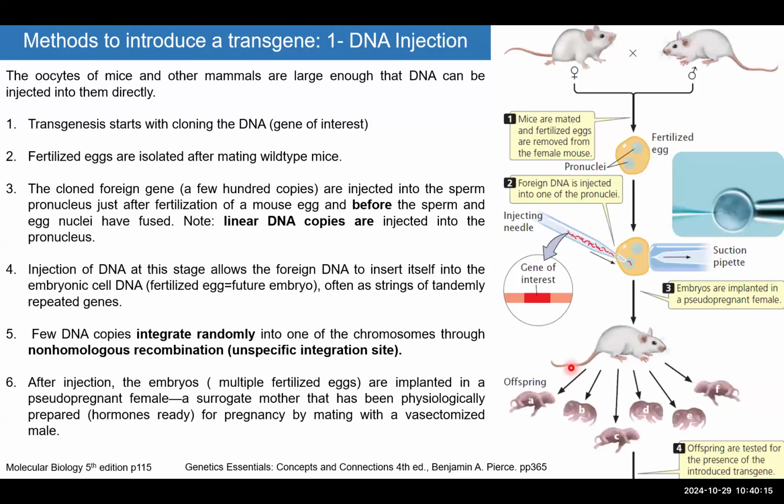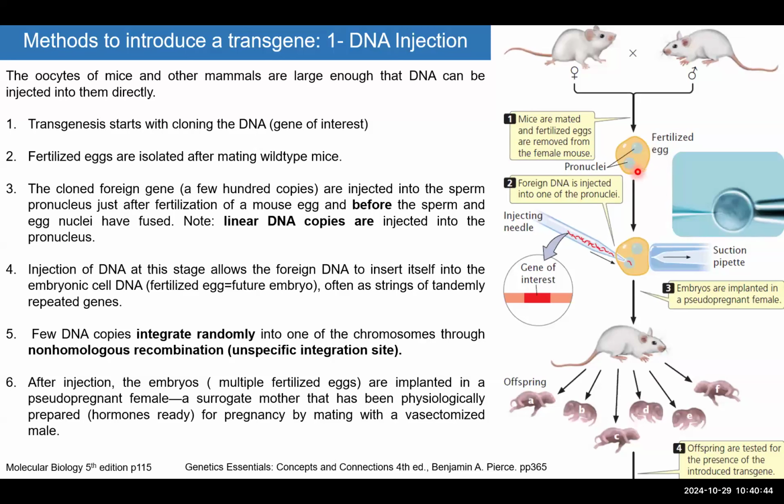So if we look at the steps, now after reading the slide, you can probably imagine things much more easily. So we have male and female mice. They mate, and they will generate a fertilized egg. In that fertilized egg, we have a pronucleus from the male and one from the female. The one that comes from the sperm should be a little bit bigger.